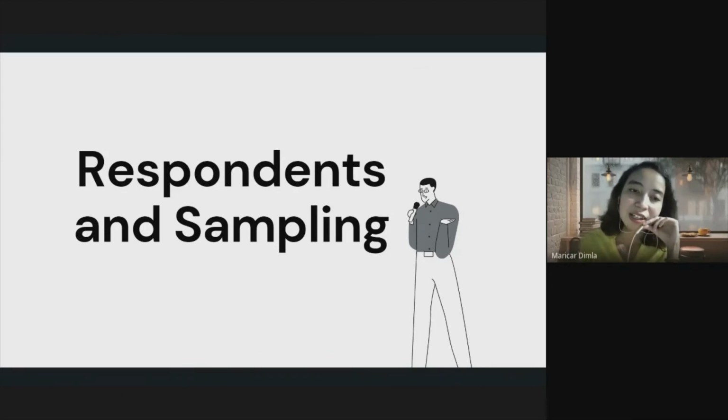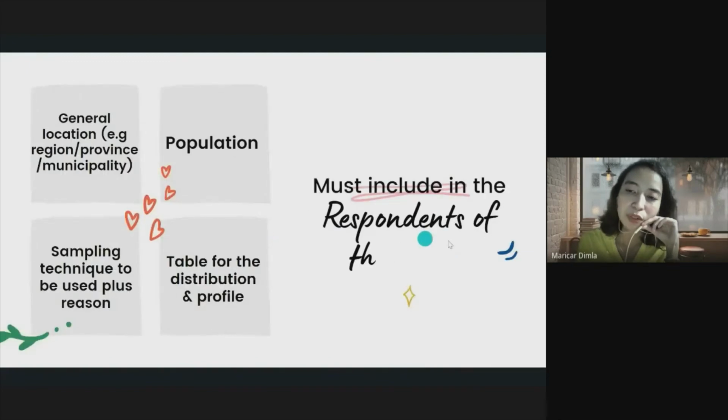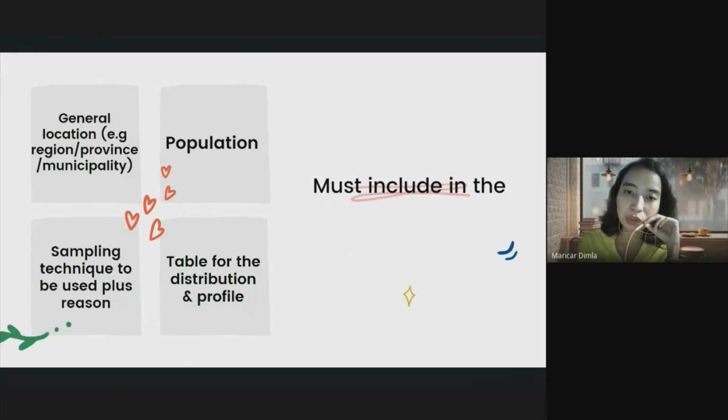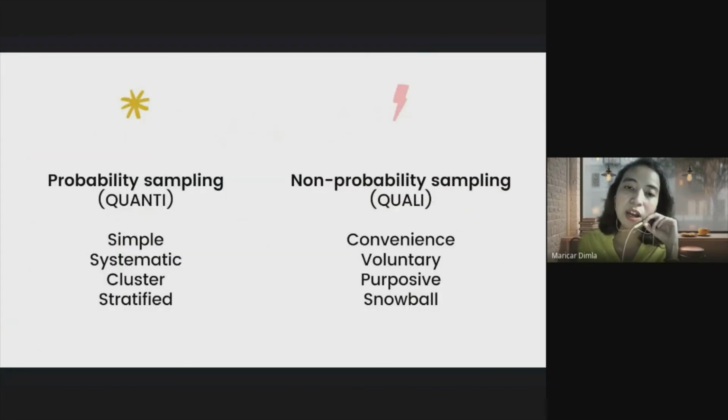Okay, so class, under respondents and sampling, which is a part or component of chapter 2, don't forget to include the location of the respondents and then the population and the sampling technique you'll be using, and then the table of distribution. So class, patawarin nyo na si Ma'am Kang, no?